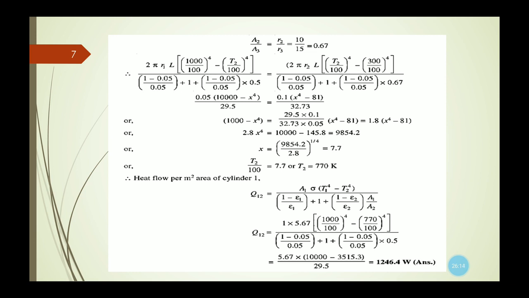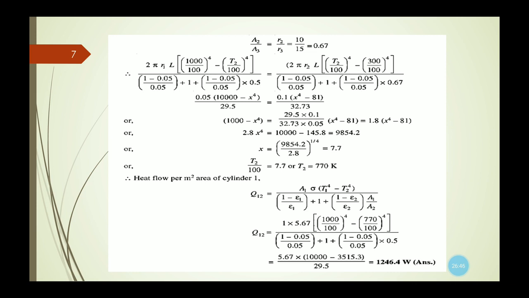Now for the second and last part of this numerical, we need to calculate the heat flow per meter square area of cylinder 1. That is the formula of Q12: A1 sigma (T1 to the power 4 minus T2 to the power 4) divided by (1 minus epsilon 1) by epsilon 1, plus 1 by F12, which is 1 here, plus (1 minus epsilon 2) divided by epsilon 2 multiplied by A1 by A2.